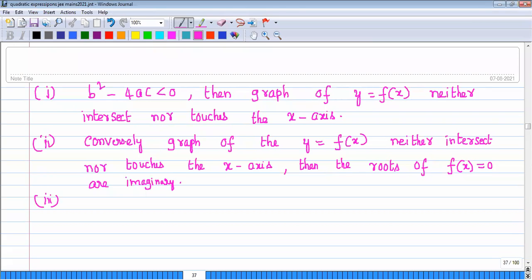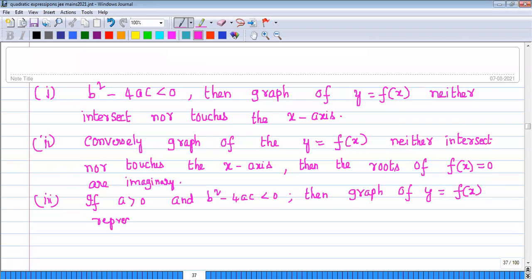So b square minus 4ac, if for example a is greater than 0 and b square minus 4ac is less than 0, that means roots are imaginary. Then the graph of y is equal to f of x represents a parabola.